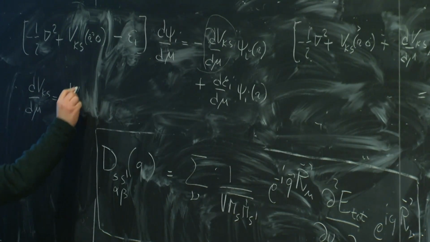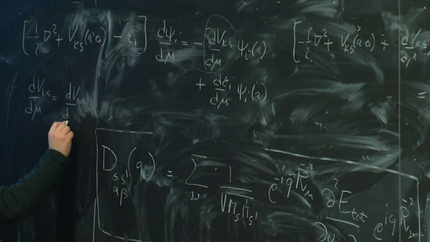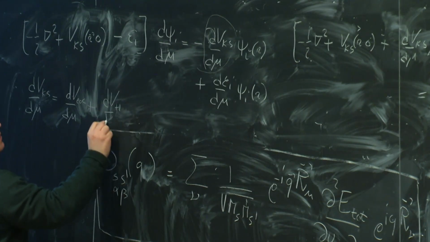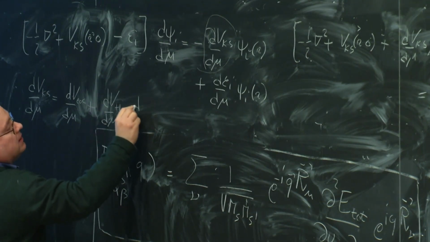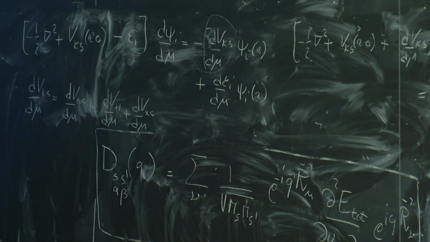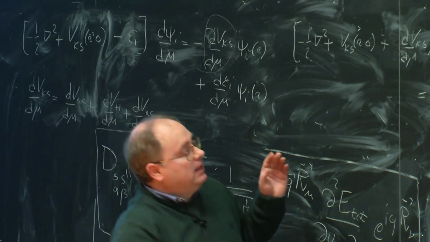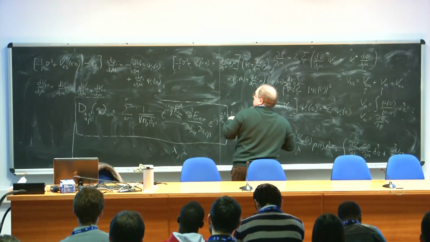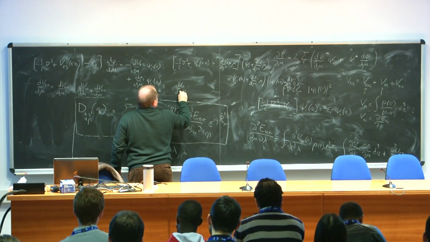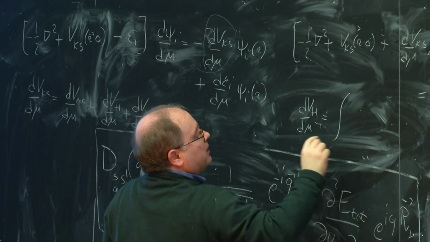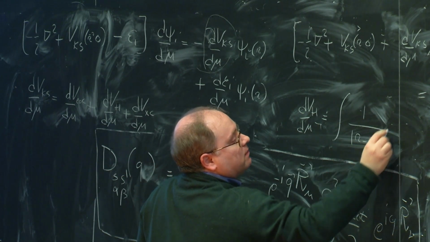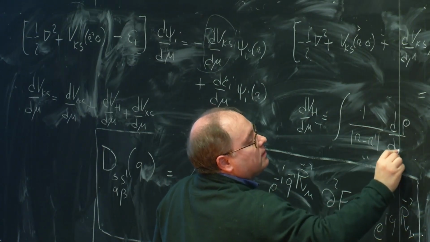That is dV local with respect to mu plus dV Hartree with respect to mu plus dV exchange and correlation with respect to mu. Hartree depends on mu through the density, so it is the integral of 1 divided by R minus R prime, d rho over d mu.